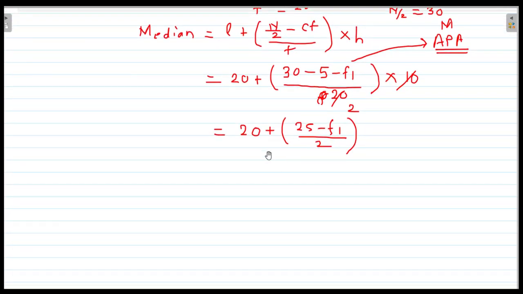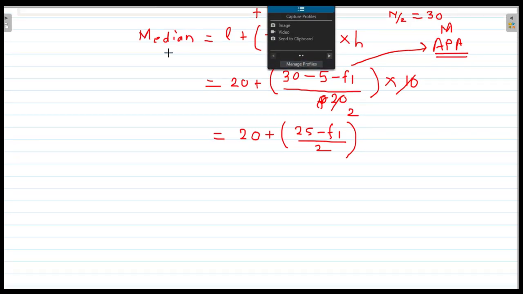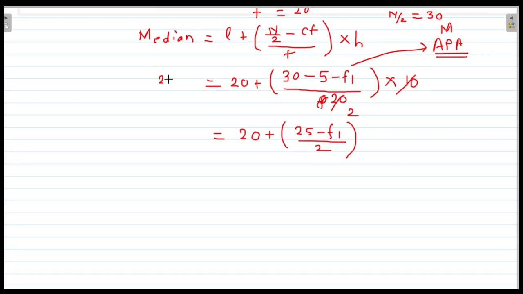So here we will take 20 to this side. We have been given that median is 28.5. So if you take 20 to this side, it will be 28.5 minus 20, and that will be 8.5.